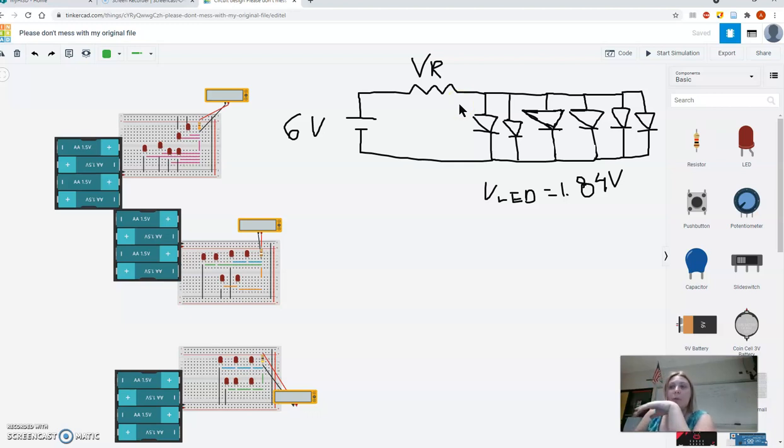So that brings me to the next question. What does the resistor do with all the energy that it gets? And its energy is, of course, the voltage drop that it has. So the LEDs use their voltage drops to light up. But what do resistors do? Resistors convert the energy to heat.